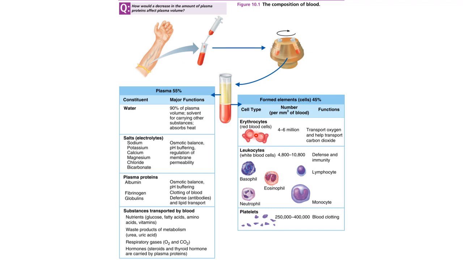The function of that would be to transport oxygen and carbon dioxide. So from the lungs, the red blood cells will take up oxygen, and as it is circulated in the blood, passing through the different blood vessels and capillaries, it will release that oxygen into the peripheral tissue.